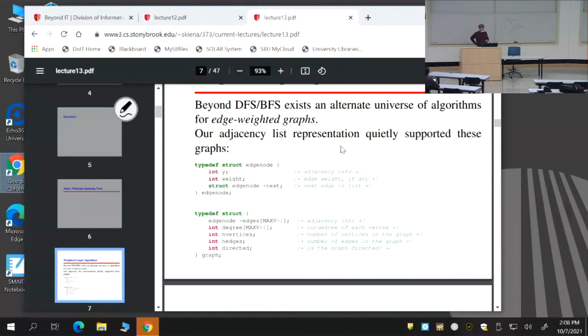Yeah? The Y value? Well, this is the representation for each edge. If we look, remember, at what our adjacency list was. Remember we had it as being an array of linked lists? Each vertex had a linked list.